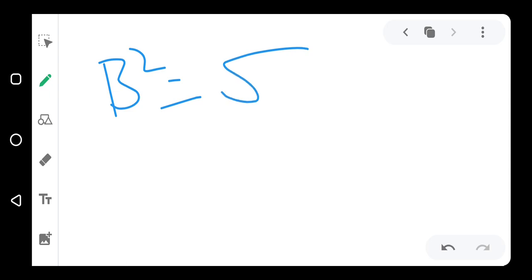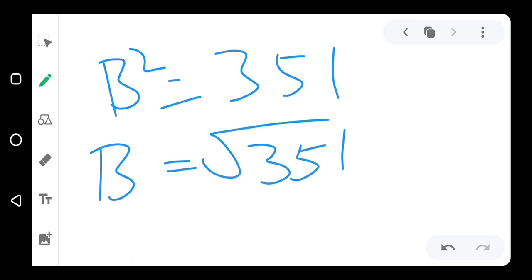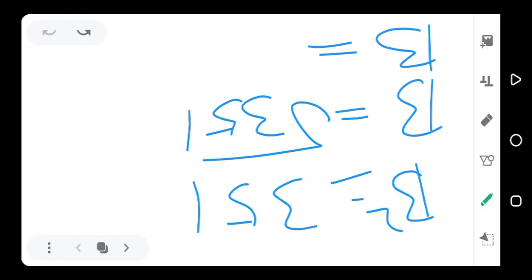So b squared is equal to 351, which means that b is equal to root 351. If we divide by 4, it will give us a decimal point, but if we divide by 9, we are going to get 39.